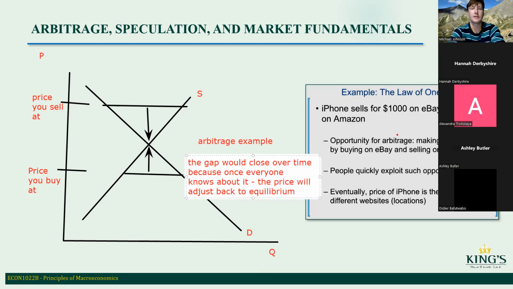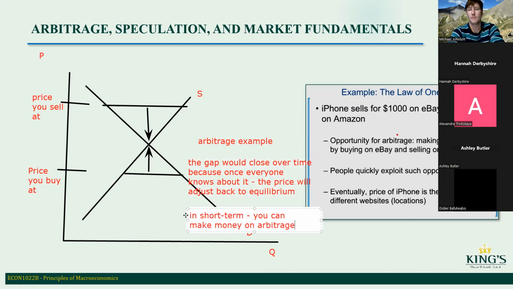But in the short term, you can make money on arbitrage. But long term, prices go back to equilibrium. So this is a potential way you could apply this to your regular life and find opportunities for arbitrage.